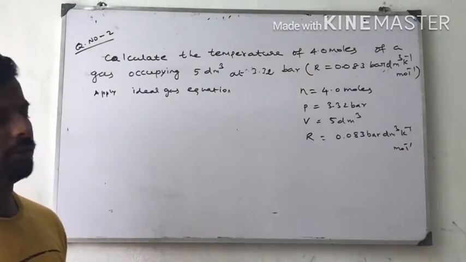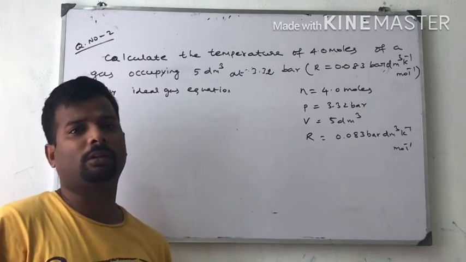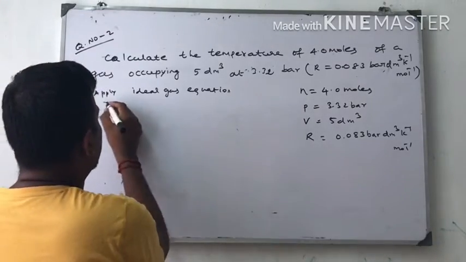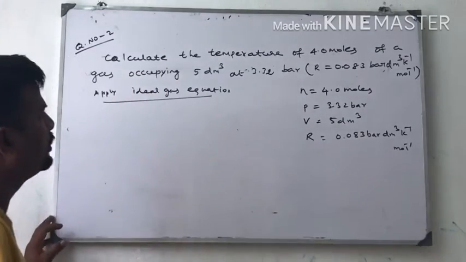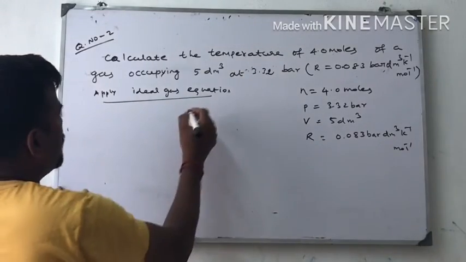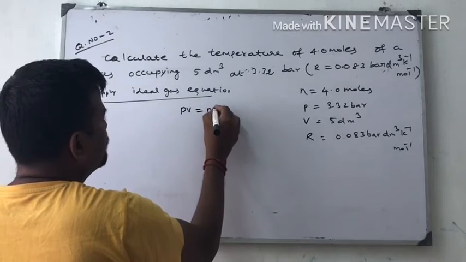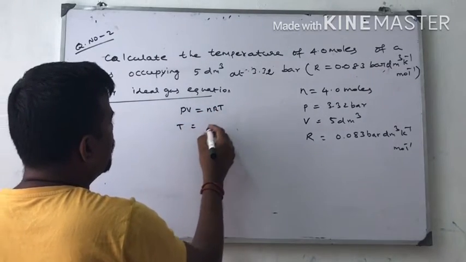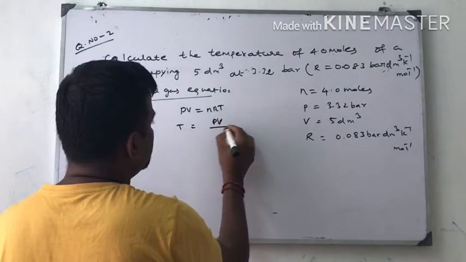So everything is given in the question. Temperature only is not given. So use the ideal gas equation. Whenever they are asking this type of question, we can apply the ideal gas equation only. PV is equal to nRT, where T is equal to PV by nR.